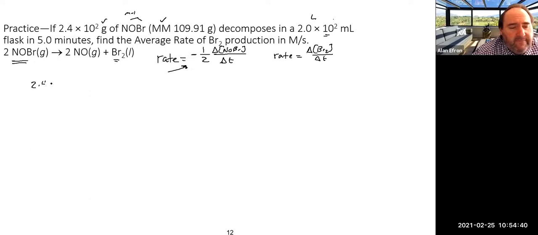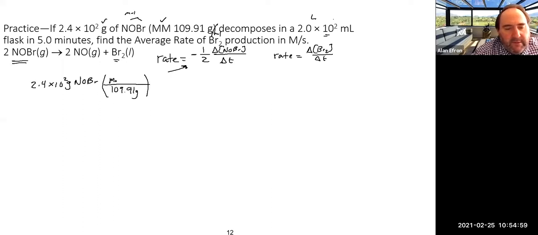We would take the 2.4 times 10 to the 2 grams of NOBr. We would use the molar mass, which was given to us, and this is obviously grams per mole, so grams would go on the bottom, 109.91 grams per mole of the NOBr. The grams would cancel here, and we would end up with, I believe, 2.1836 moles.